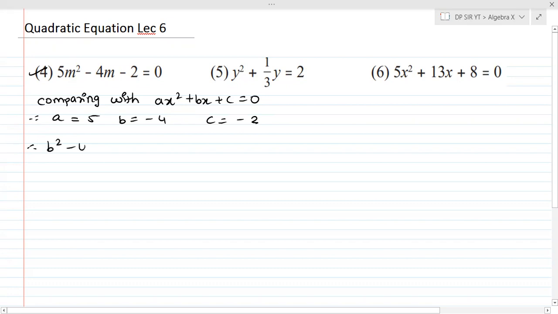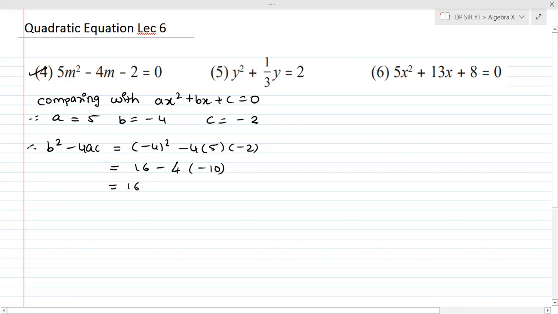Before substituting in the formula, first find b square minus 4ac separately to avoid confusion. So it's going to be b square, that is minus 4 square, minus 4ac, that is minus 4 into 5 into minus 2. So 16 minus 4, let minus 4 remain as it is, and 5 into minus 2 is minus 10.